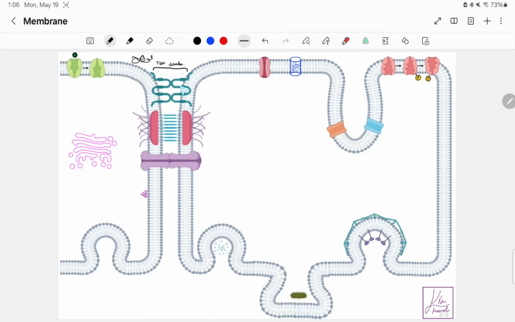We prevent that by the presence of these tight junctions. They are sealing off the outside of the cell so that things don't just move down into this basolateral membrane. Basolateral means the portion of the cell's membrane that is facing the blood, and go into the blood and cause danger to our body.